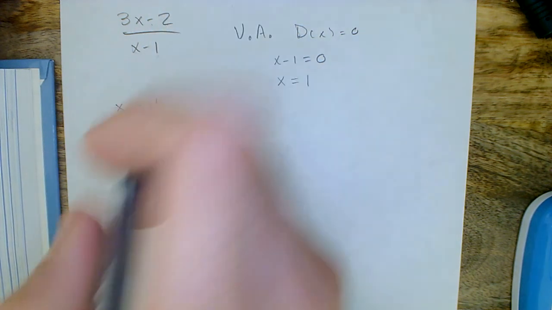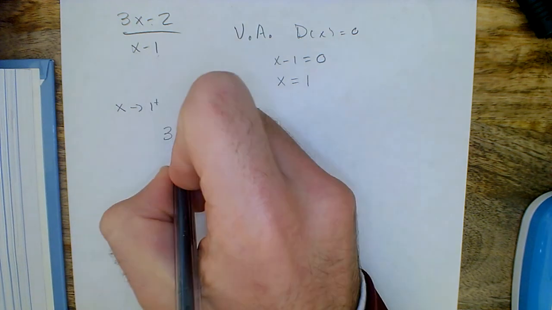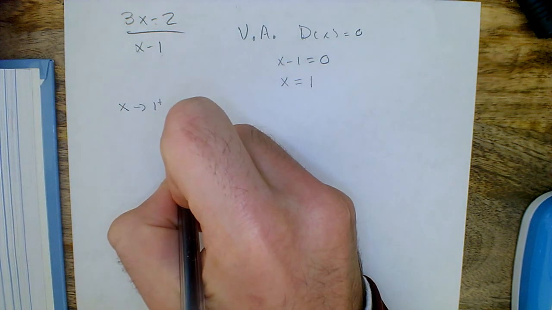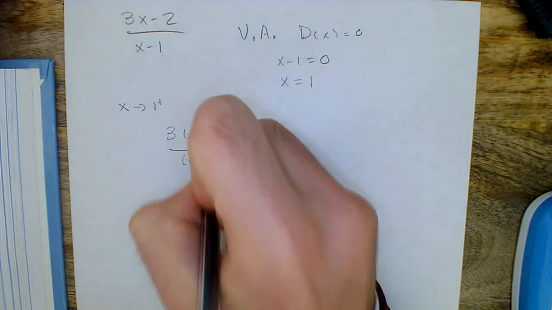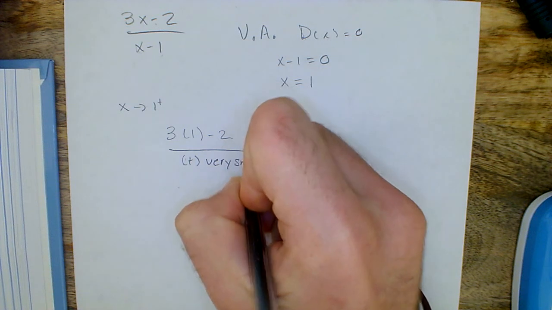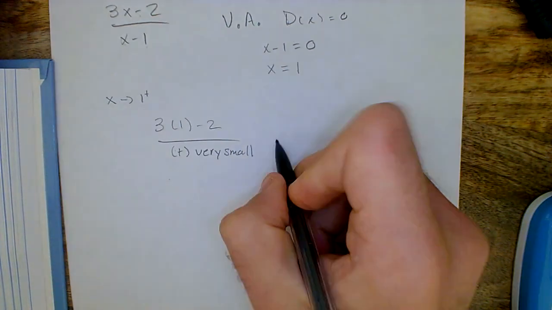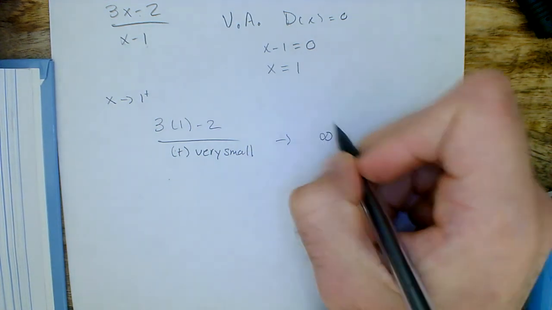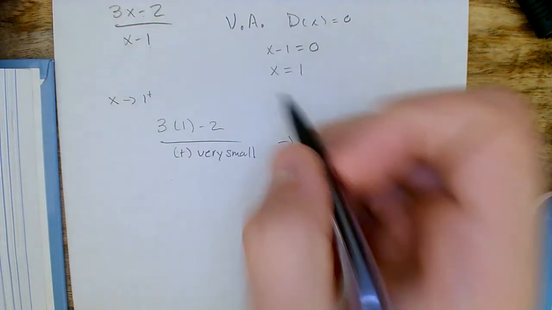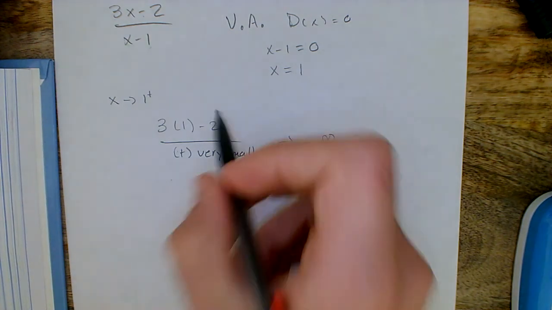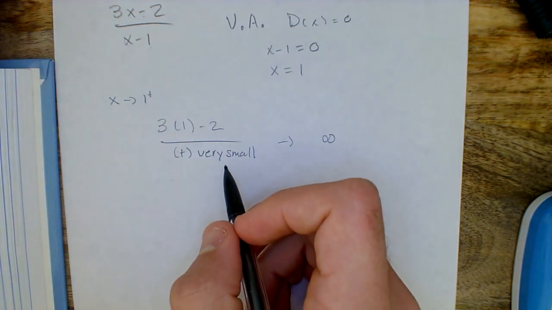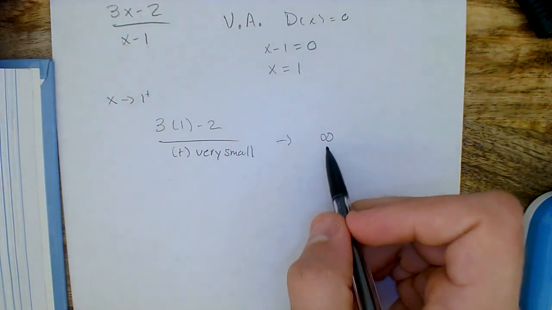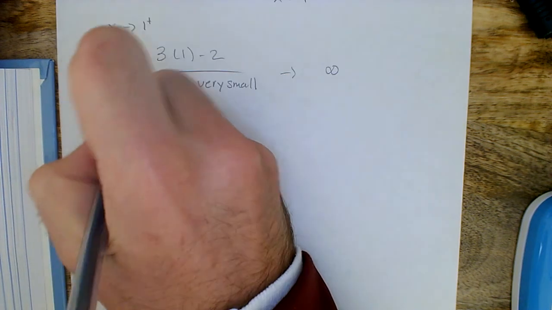So that's just 1, but it's a constant. So we're going to get 1 divided by something positive but very small. So that's going to go to infinity, because if you have a constant number 1 divided by a very, very small positive number, you have a positive divided by a positive, and 1 divided by extremely small numbers, as we saw before in the example 1 over x, goes to positive infinity.